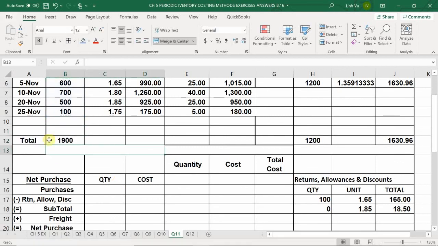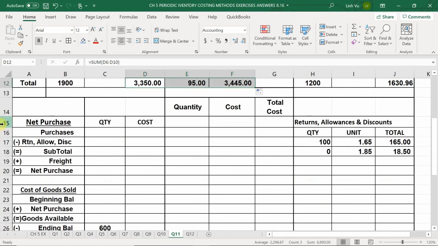At what total purchase price? $3,350. Okay. What was my total freight? 95, bringing me my total cost to be 3,445. Good. And let's also go ahead and equal sum of my total returns.